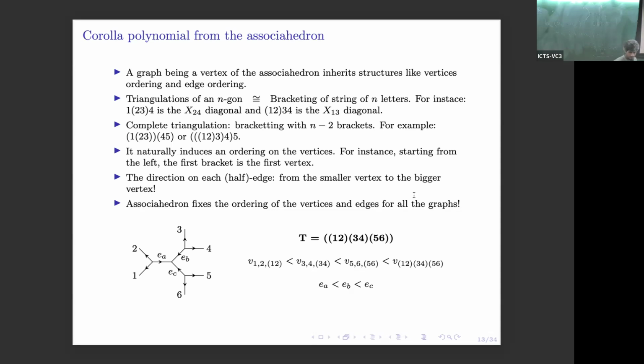Why are you calling that x13 and not x24? What is the logic of calling the 1, 2 bracket, 3, 4 bracket as x13? Maybe what you're trying to say is that for that graph, if you draw the polygon, then the diagonal will be 2, 4.